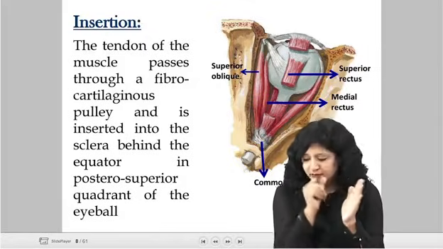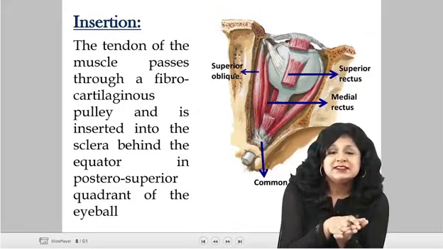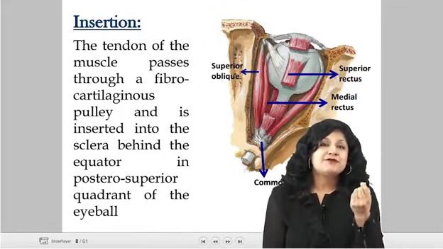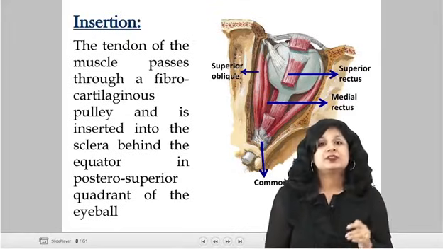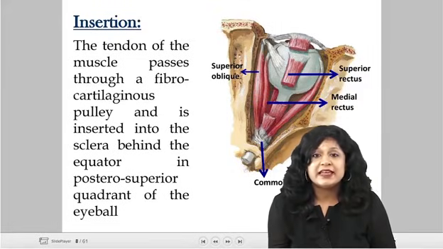If you see the superior oblique muscle, how it inserts, it passes through a pulley. This pulley is a fibrocartilaginous pulley, and can you see, this is the pulley here.